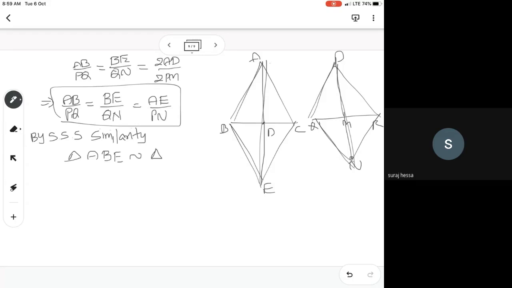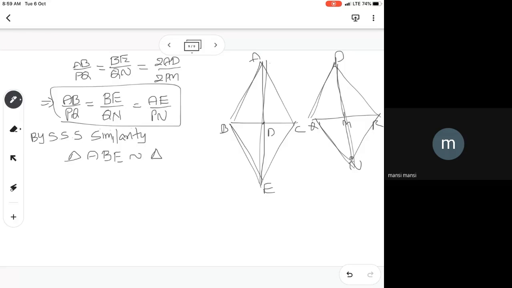Trisha, can you answer? Triangle ABE is similar to which triangle? Just now I said, but you are still not able to do it.